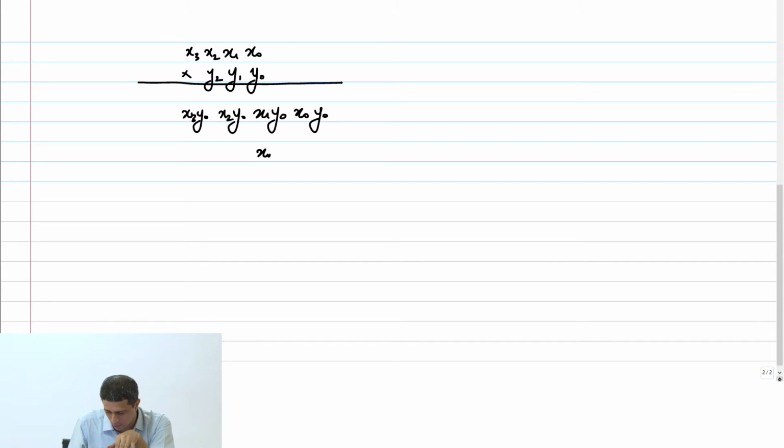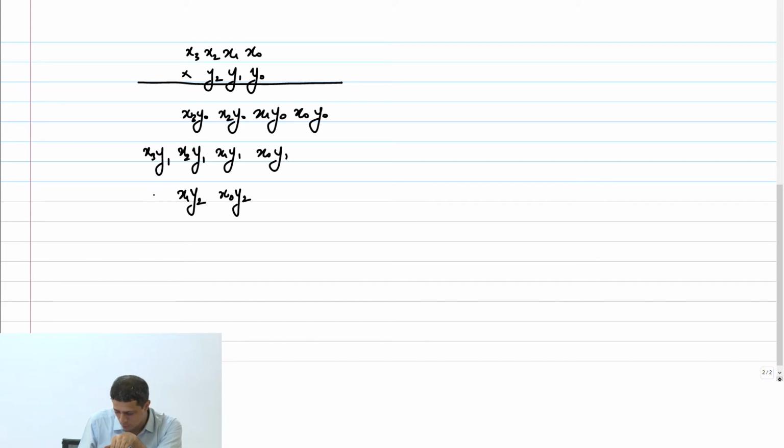So that is x0 y1, and then x1 y1, x2 y1, x3 y1. The last term is x0 y2, and x1 y2, x2 y2, x3 y2.